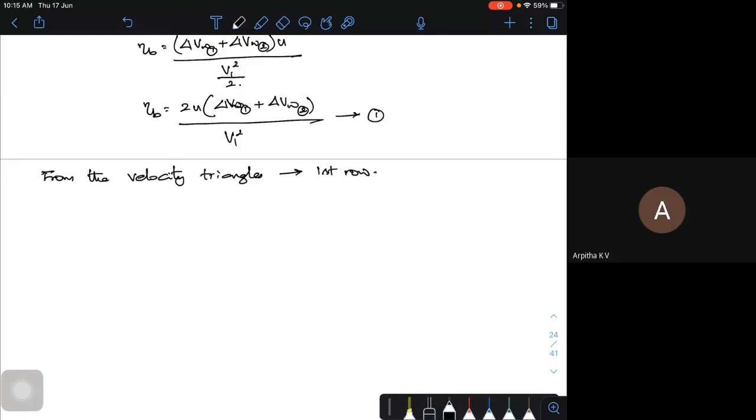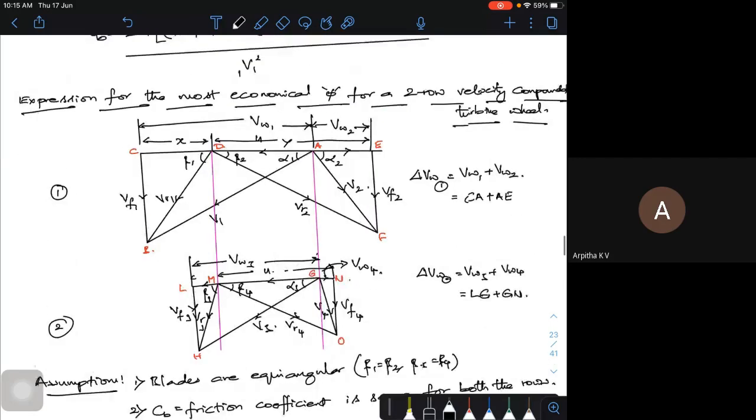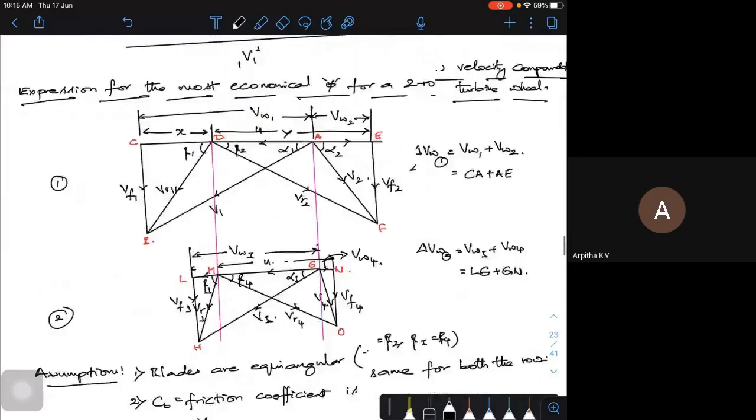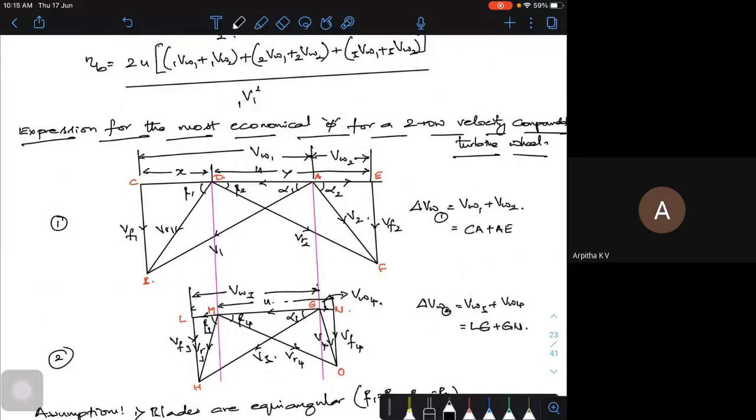So for the first row, I can write delta VW1 is equal to CA plus EE. Then cosine of alpha 1 is equal to the adjacent, CA, divided by V1.